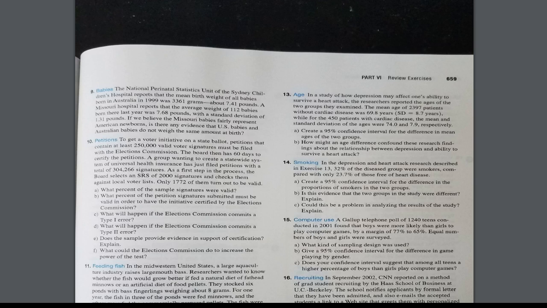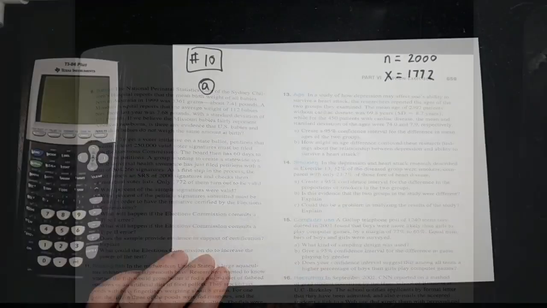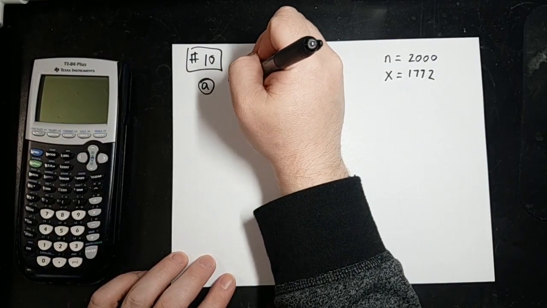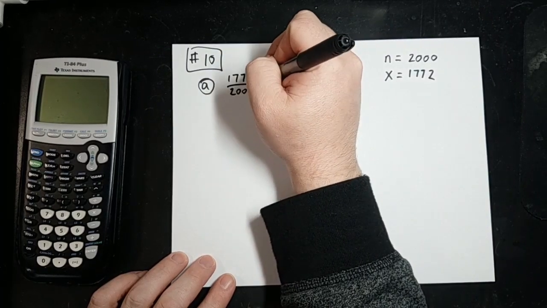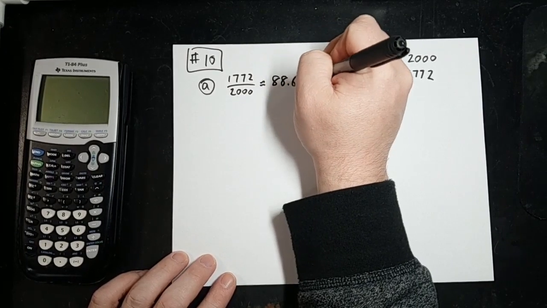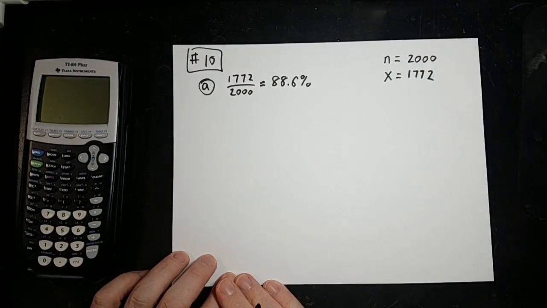They found that 1,772 of them were valid. Out of a population of 304,000, we'll deal with that in a minute. But part A, what percent of the sample signatures were valid? Well, that'd be 1,772 over 2,000, very straightforward, which is approximately 88.6% if you did that correctly.